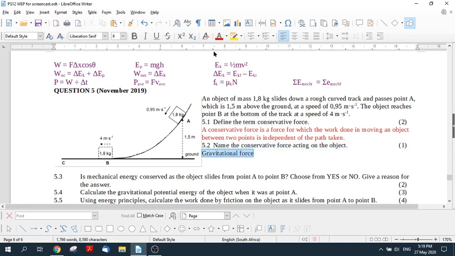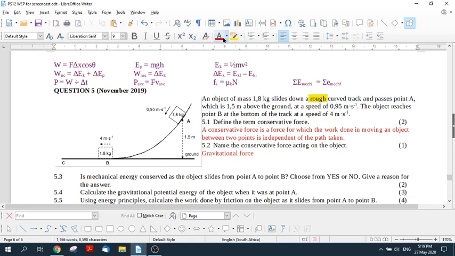Then it says, is mechanical energy conserved as the object slides from point A to point B? Choose from yes or no. So when is mechanical energy conserved? It's only conserved in an isolated system where there are no non-conservative forces. But now here, it says it is a rough track.